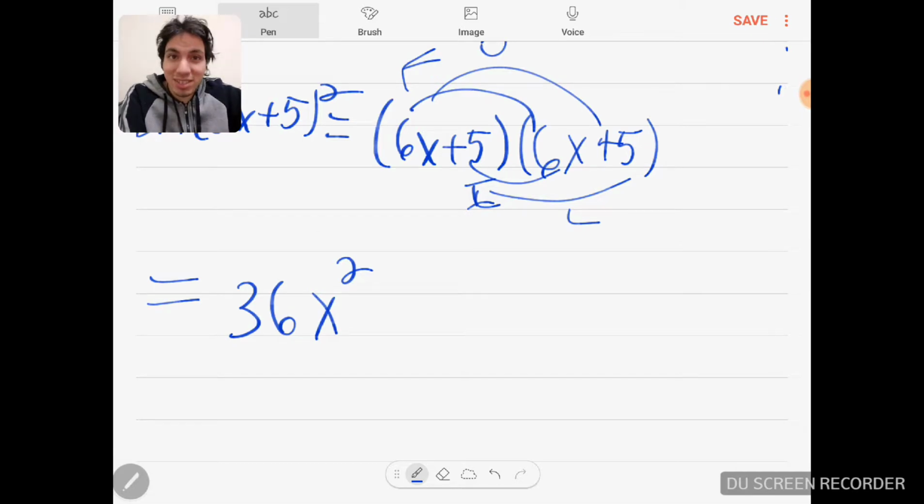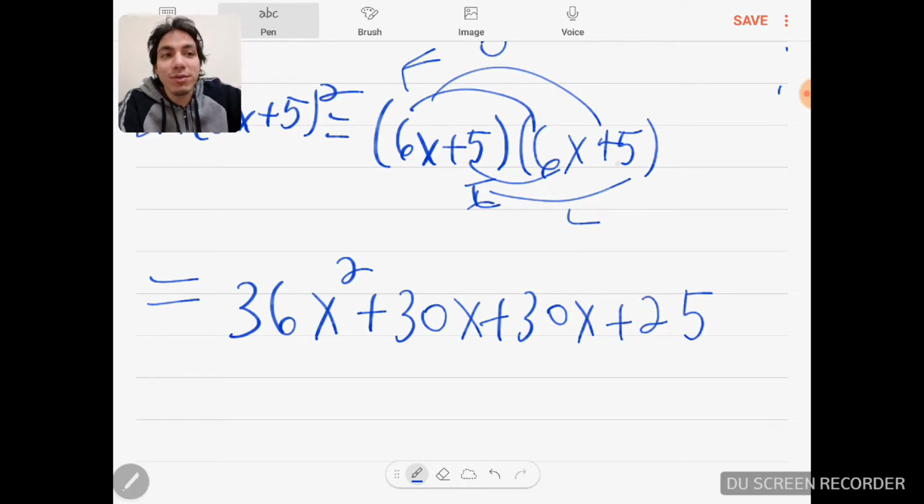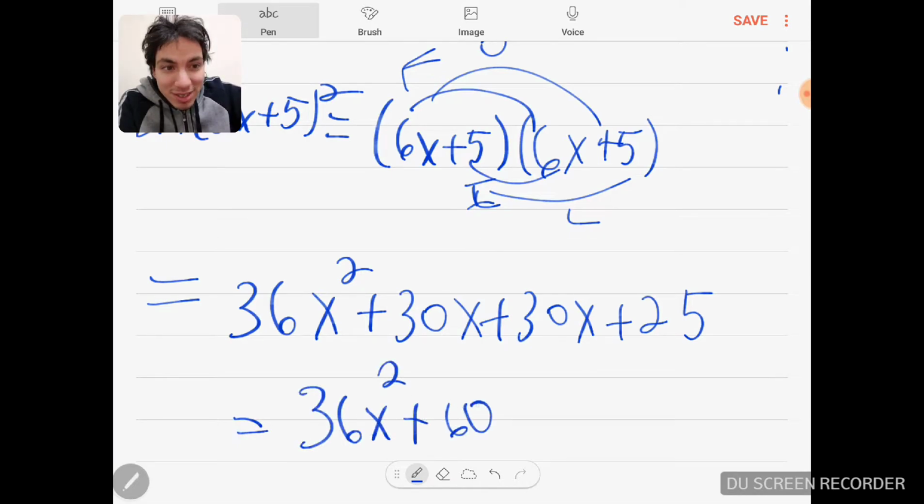Why is it 36? Because 6 times 6 is 36, and x times x is x squared. 6x times 5 will be plus 30x. And then we do it again for the inner, and then we're left with 25. Why? Because 5 times 5 is 25. And then we combine the middle terms. I'm left with 36x squared plus 60x plus 25.